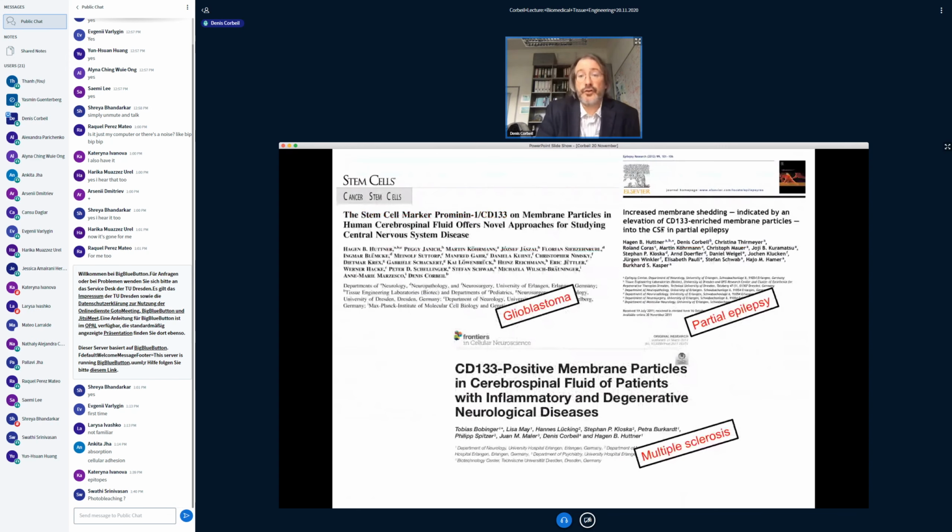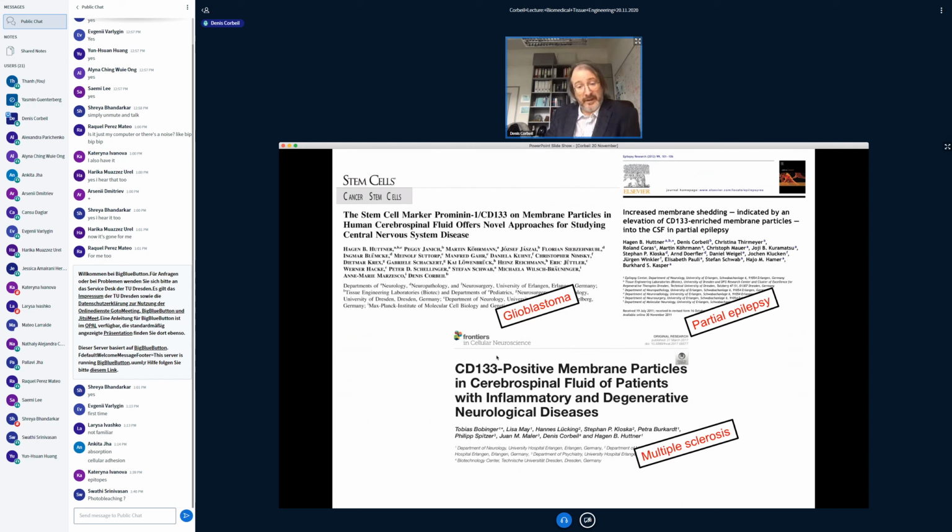So we do not know the function of this very, very small vesicle, but what is interesting is that we can use it as a biomarker. I show you here several examples of this CD133 membrane vesicle, which is upregulated in different diseases, like glioblastoma, multiple sclerosis or partial epilepsy.